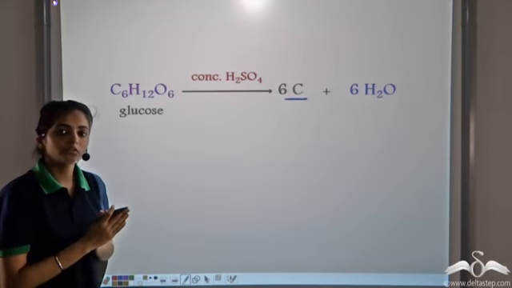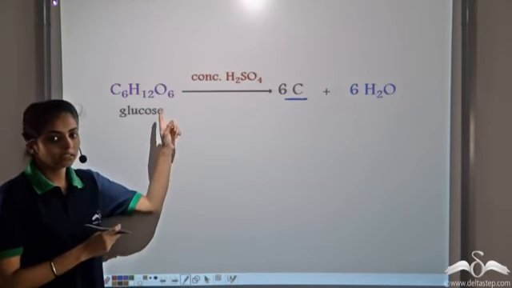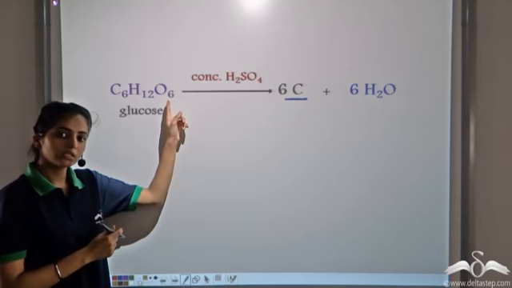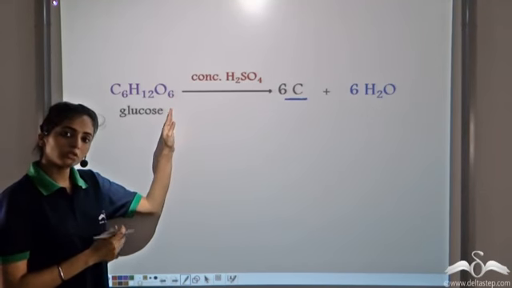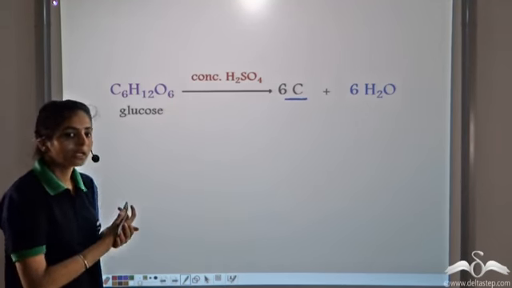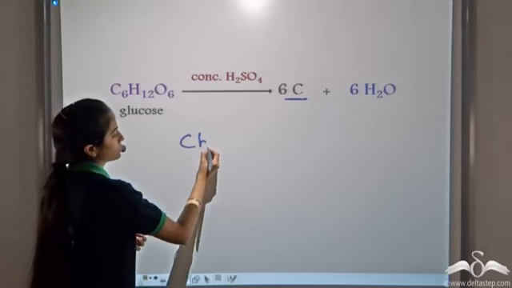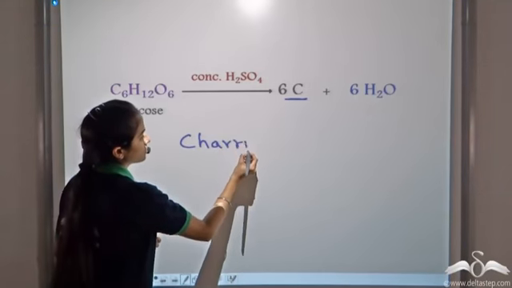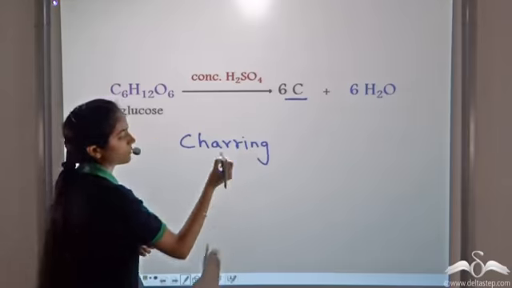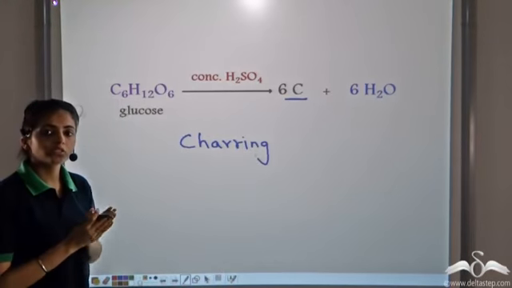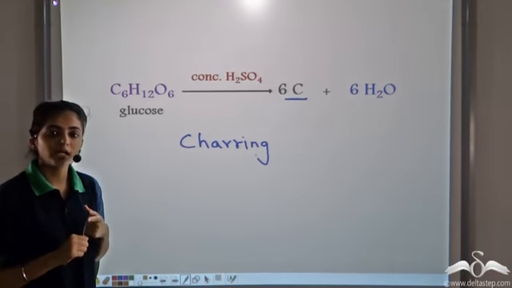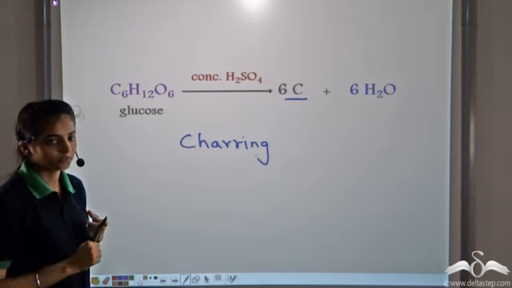So concentrated sulfuric acid acts as a dehydrating agent in this case. When it reacts with sugar and causes dehydration, that is known as charring of sugar.